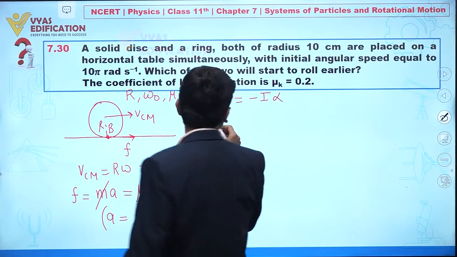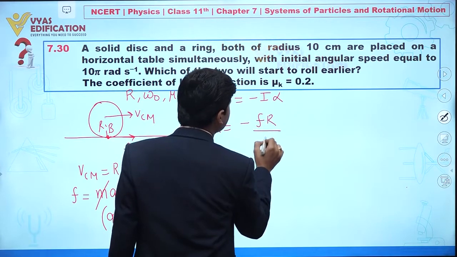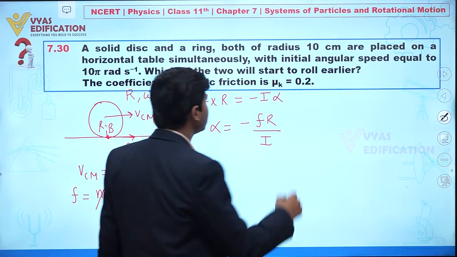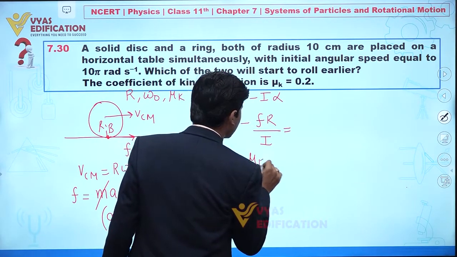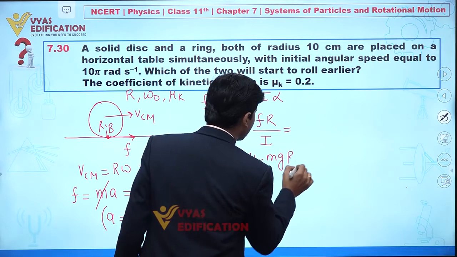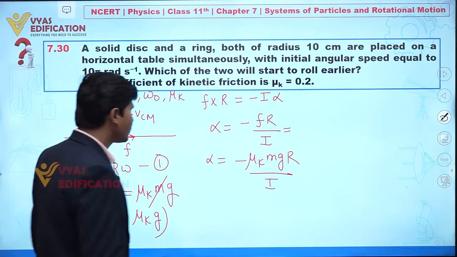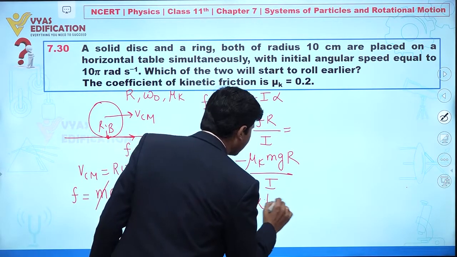Clear? So we can also write alpha is given by minus F R by I. Clear? The value of friction force is given to you, mu k mg. Clear? So alpha should be equal to minus mu k mg R divided by I. Clear to everyone? Now we can also write omega equals omega naught plus alpha t.